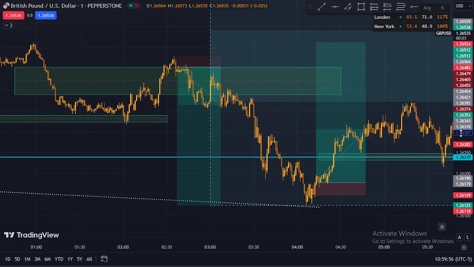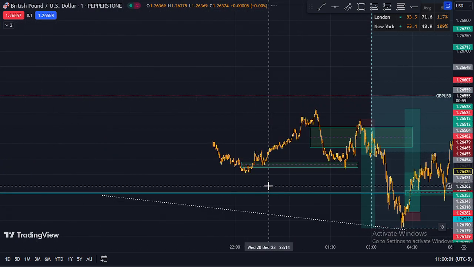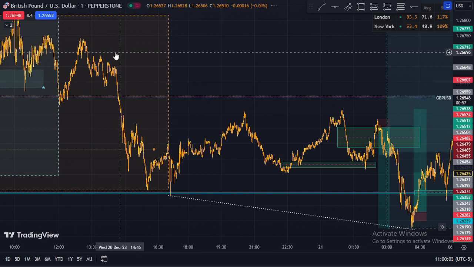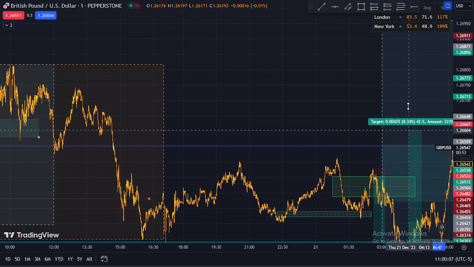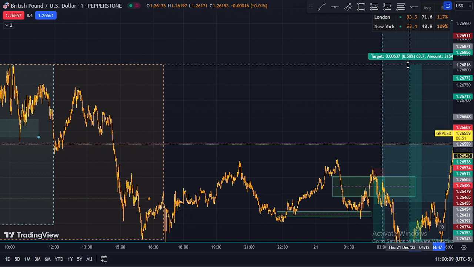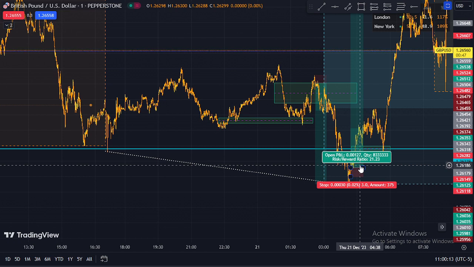And also, since it went a little bit higher, I could have aimed for these highs right there. So that by itself was a 21.23 hour trade.